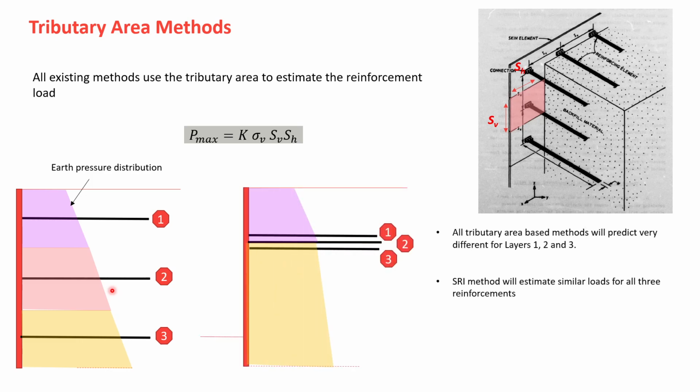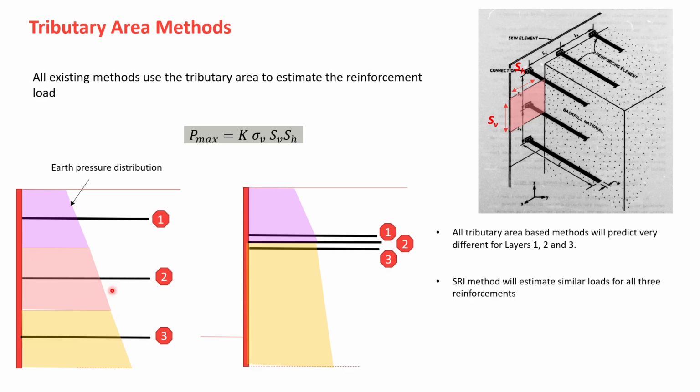But let's take a hypothetical case where you have all 3 reinforcements at the same level. So now, what's the distribution? Now you have totally different distributions for the 3 layers. Although they're at the same level, they'll feel the same vertical stress. They have to deflect the same amount, but they're having totally different loads there.